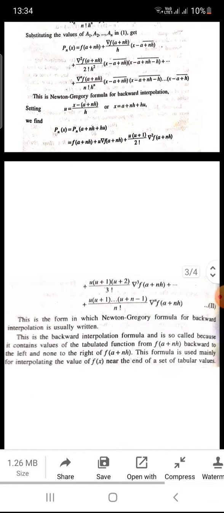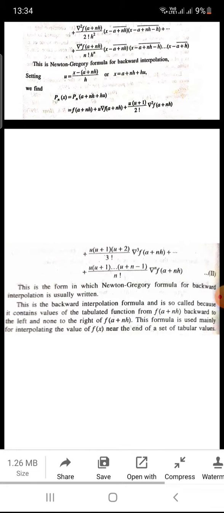So Pn(x) can be written as Pn(a plus nh plus hu), which is equal to f(a plus nh) plus u del f(a plus nh) and so on up till the last term, u into (u plus 1) into (u plus 2) into (u plus 3) up till (u plus n minus 1) upon factorial n del^n f(a plus nh). This is the form in which Newton-Gregory formula for backward interpolation is usually written.